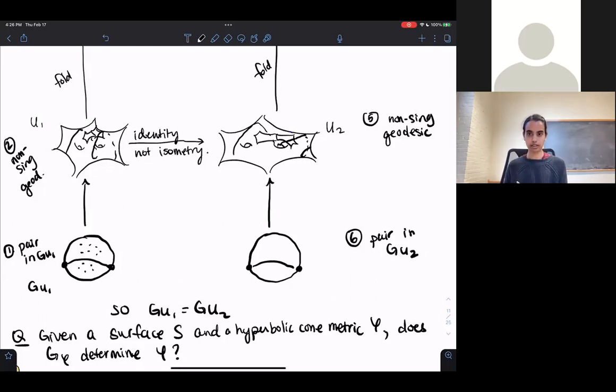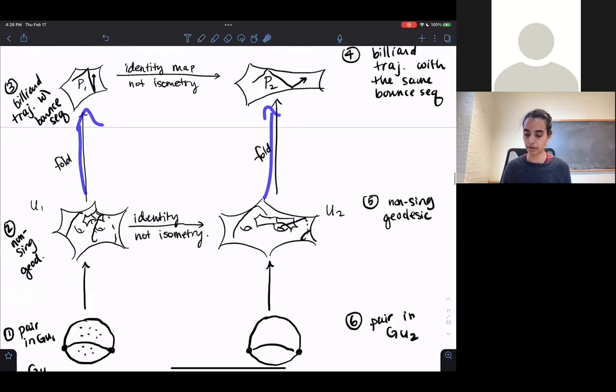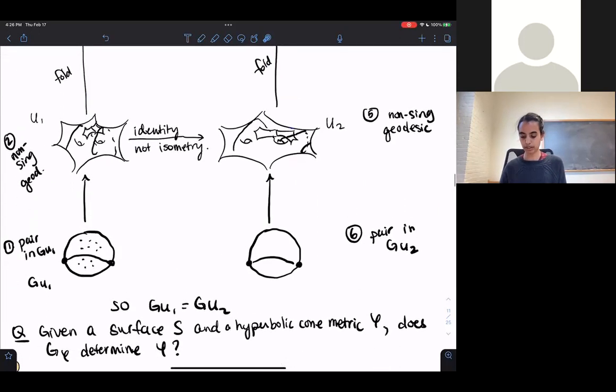Because if it did, then these two would actually secretly have the same metric, and then we would fold it down and show that P1 and P2 actually have the same metric. So this is the new question. Given a surface S and a hyperbolic cone metric phi, does G phi determine phi? This is the new question.